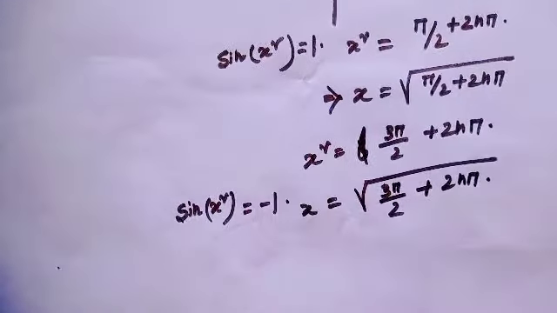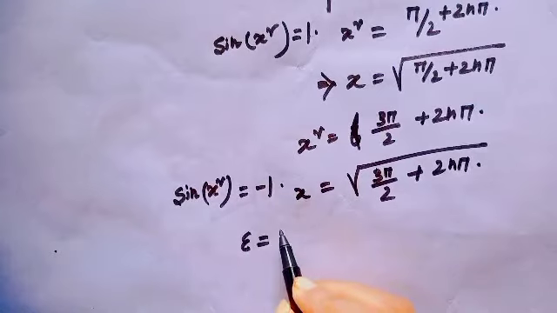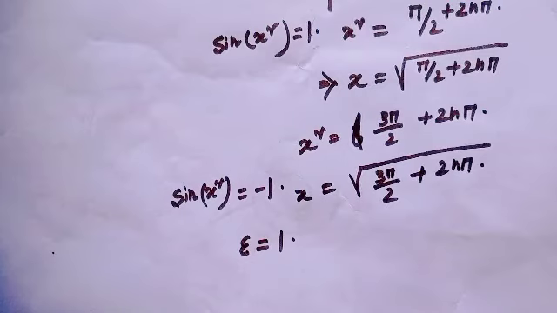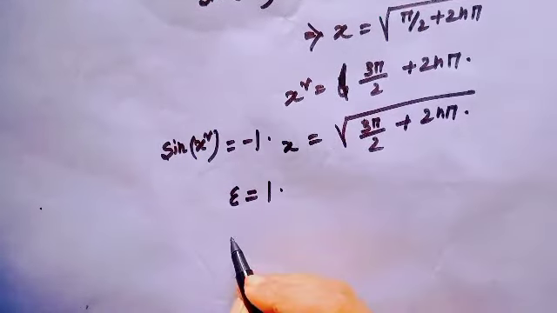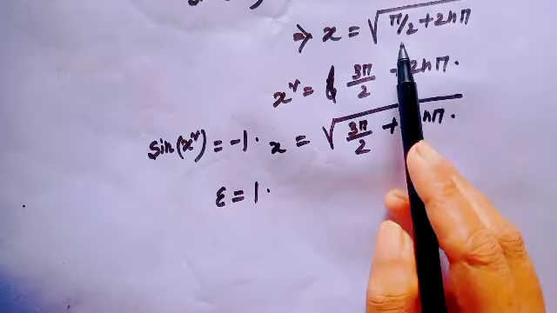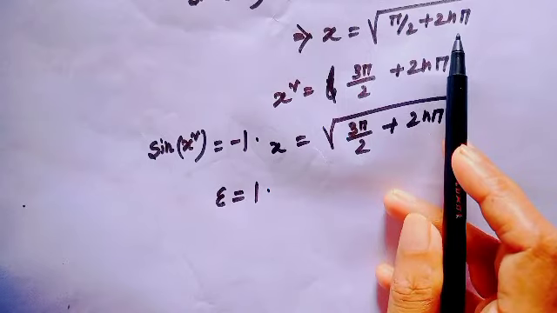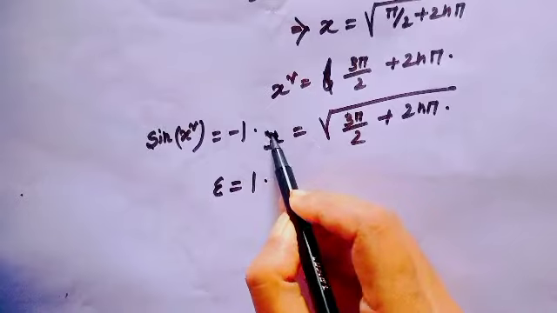Okay. Now consider epsilon equal to 1, and notice here one point is square root of pi over 2 plus 2n pi, and consider the other point is y.